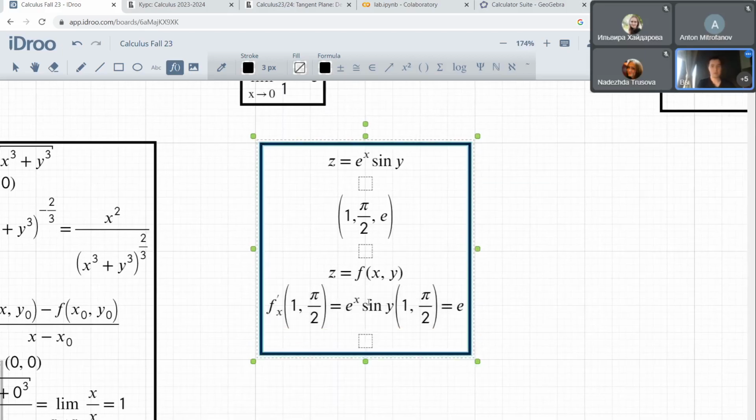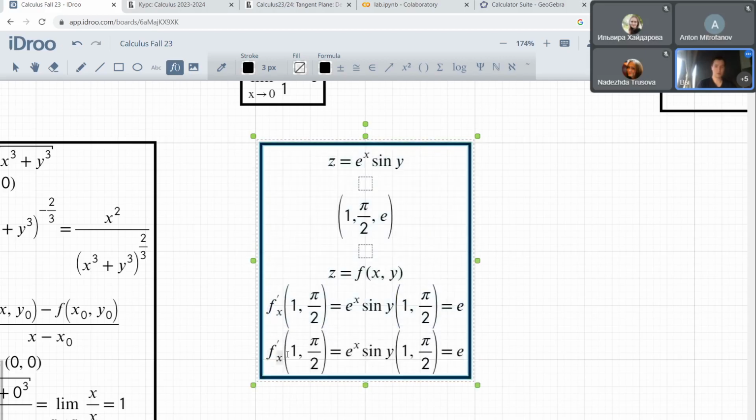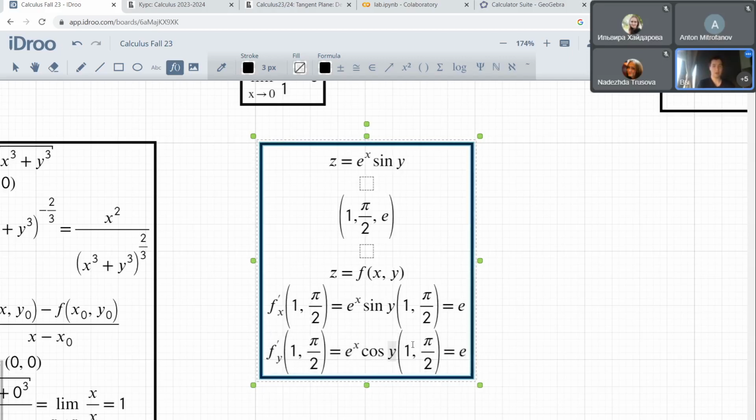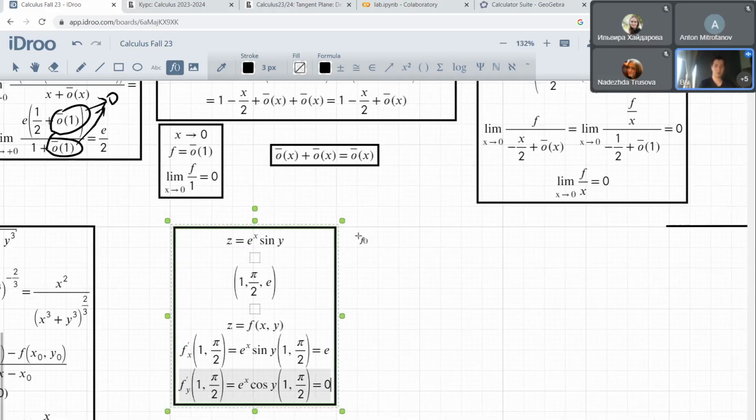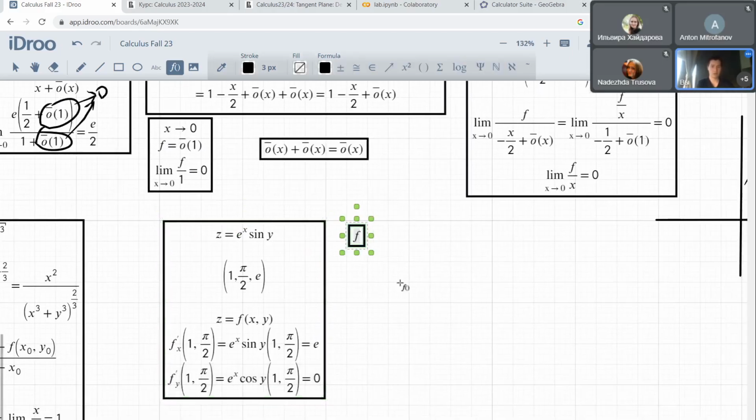The same thing can be repeated for the derivative with respect to y, and we'll get cosine y, and it's easy to see that we will get 0. The only thing we need is to use the formula of the tangent plane, like this one.